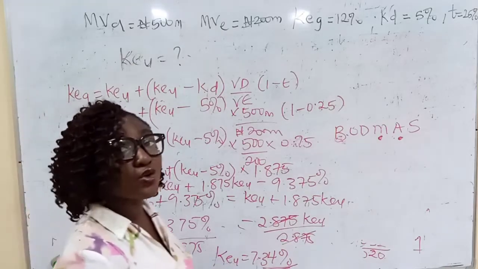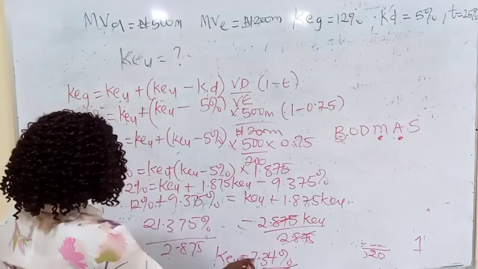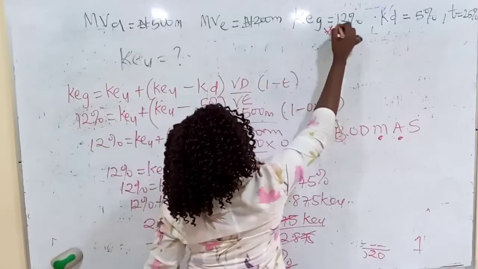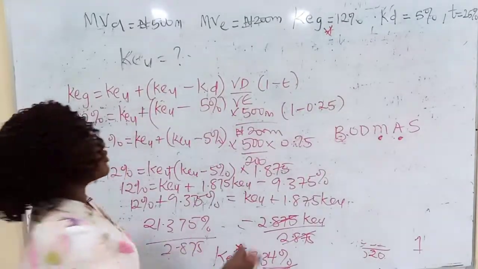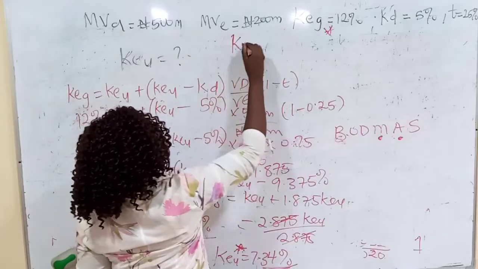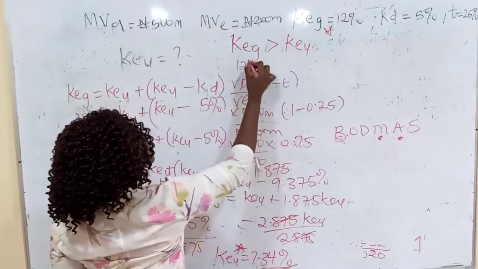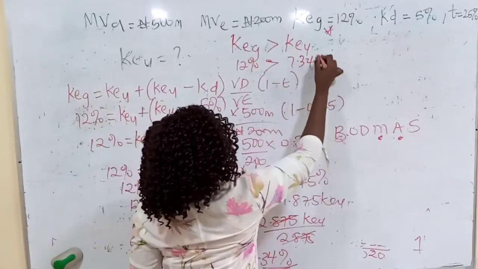They already told you that Cocoa Melon is financed by only equity, so obviously no debt element. It is expected that it should be less than the cost of equity of a geared company. And it already proves the M&M theory that says the cost of equity of a geared company must be greater than the cost of equity of an ungeared company. As you can see, this is 12% and it's greater than 7.34%.